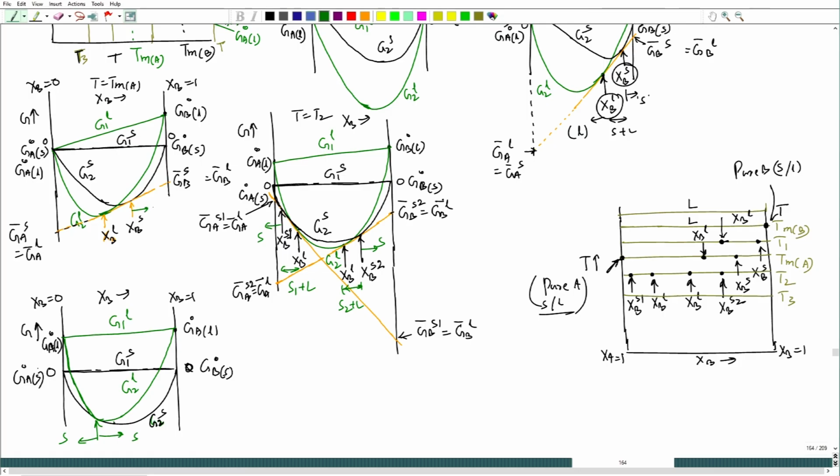So the right side of this will be solid, the left side of this will be liquid, because we have to check which one has a lower free energy. But at T equal to TmA, at this location both solid A and liquid A will be coexisting. So this is the point where both solid and liquid solution will coexist under equilibrium.